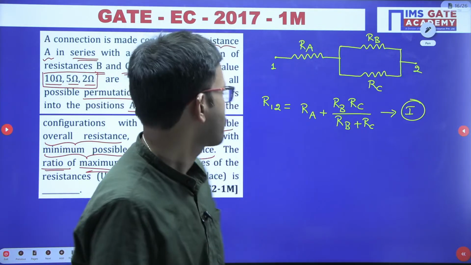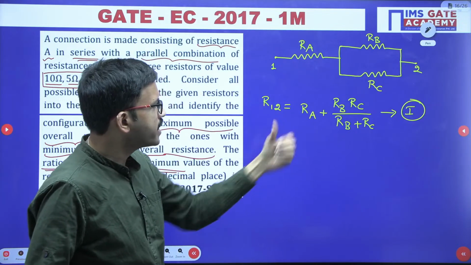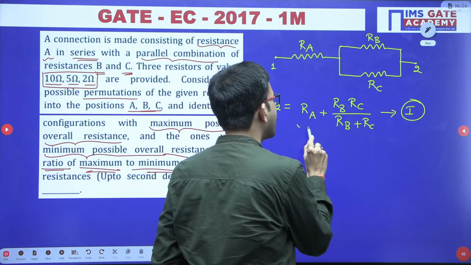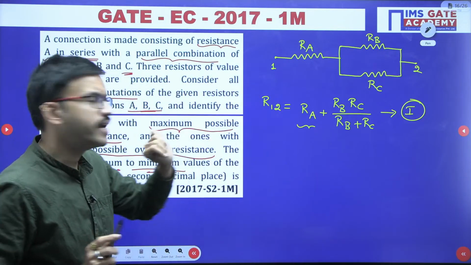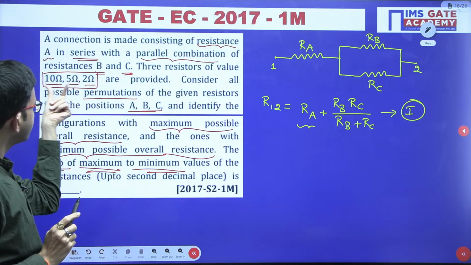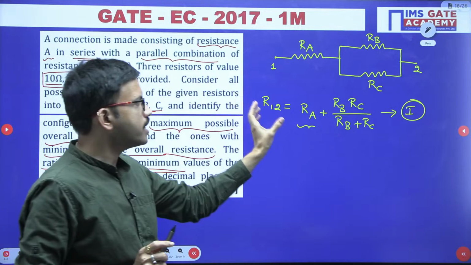Okay, right. So here in this equation, just observe this particular equation. Regarding RA, RB, RC, 3 unknowns are there, and 3 known values are there: 10 ohm, 5 ohm, 2 ohm. One resistor value you can choose at a time for one resistor.